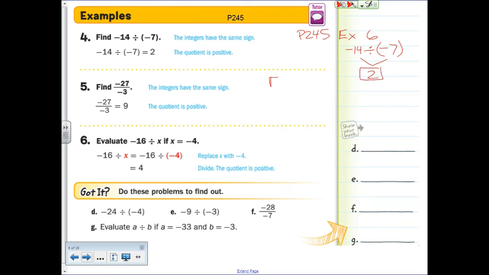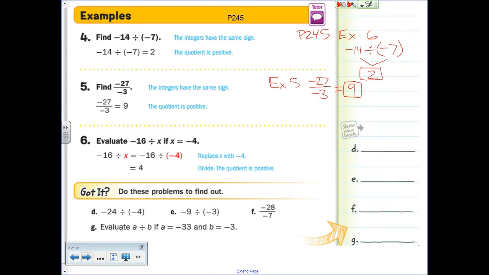Example 5, negative 27 on top, that's the dividend, divided by negative 3. And again, if they're both negative, you're going to end up with a positive answer. So the answer here is positive 9, because 27 divided by 3 is 9.